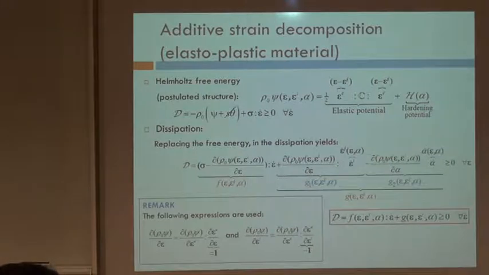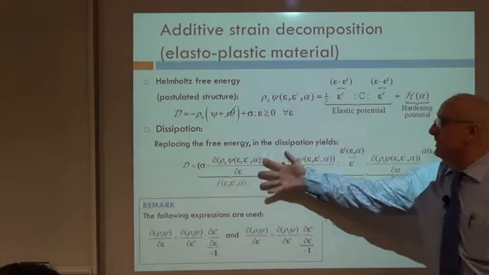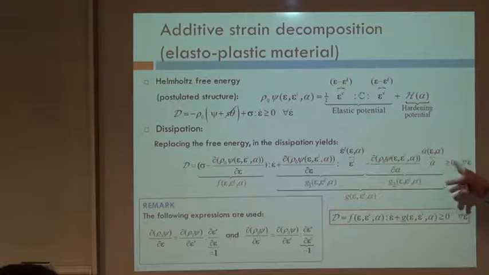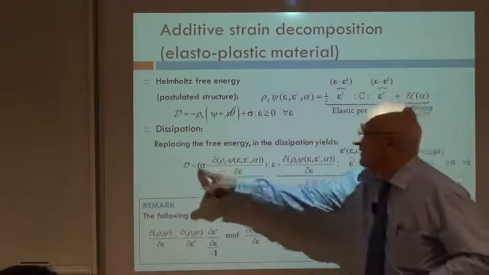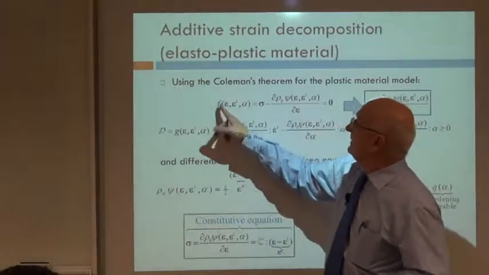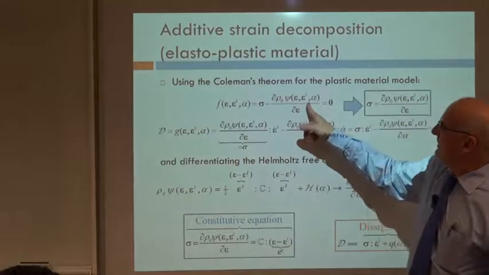So as a consequence, the application of Coleman's method to this expression of dissipation, that has to be greater than 0 for any possible evolution of the problem, epsilon dot, makes this 0, and in consequence sigma minus this is 0.